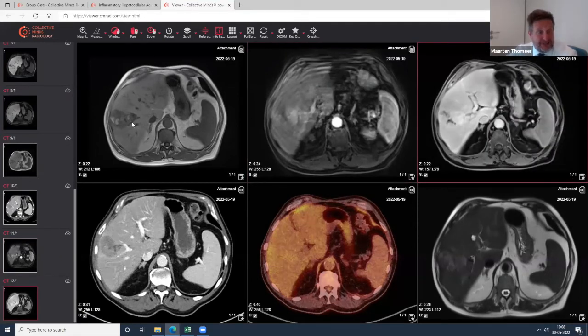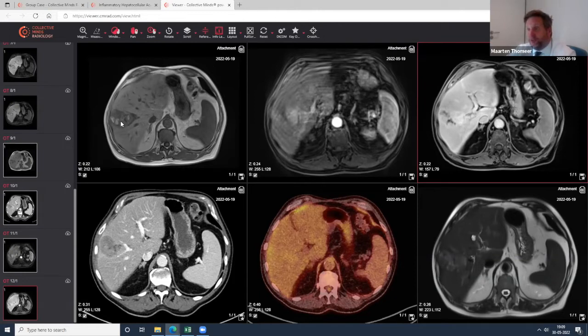Before contrast on the in-phase imaging, you see there are some hyperintense regions in the lesion. The lesion seems to be hypervascular, and there seem to be some parts not enhancing. By the fact that the lesion has hyperintense signal before contrast, it means it has bled. There has been some bleeding in the lesion.